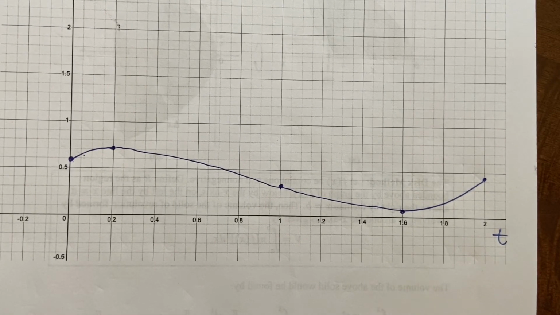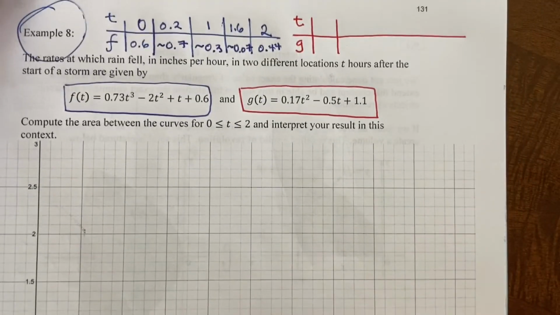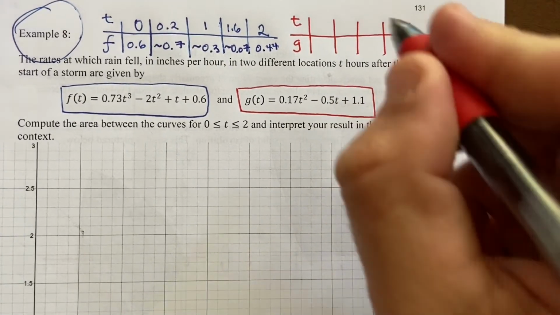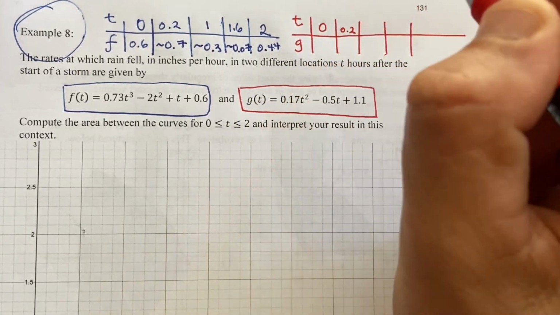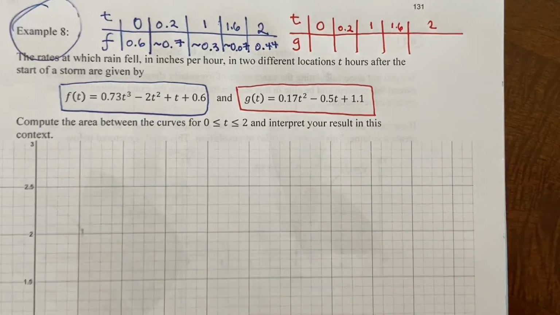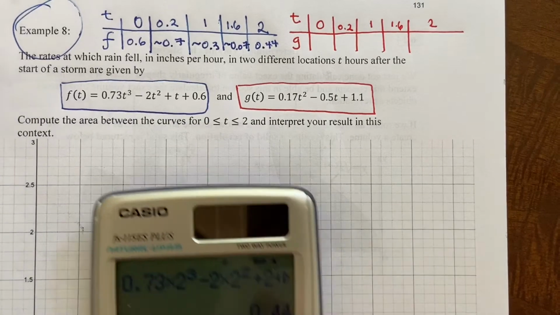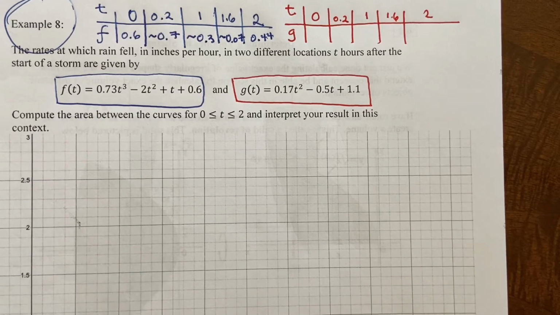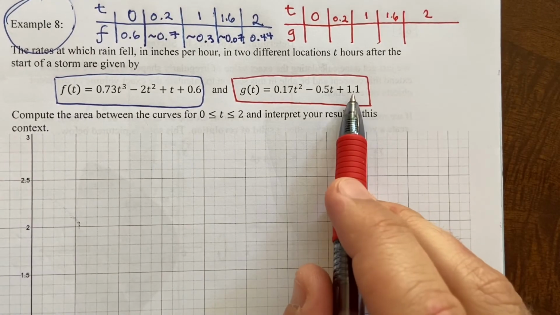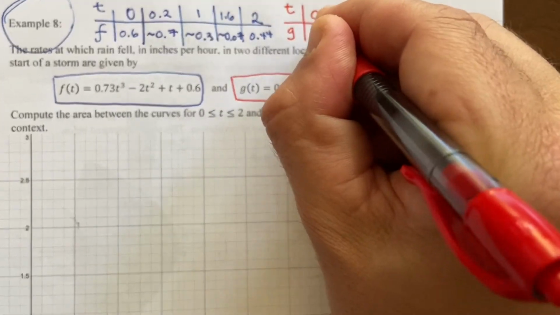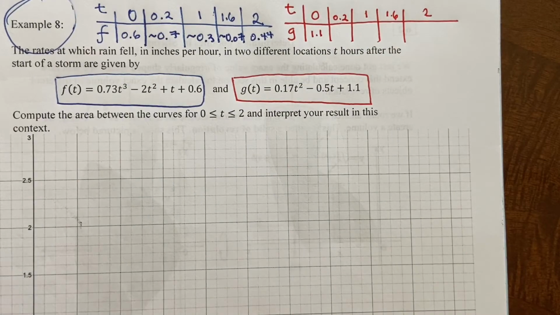Okay, for the other one, I'll go ahead and pick the same t's. So maybe 0, 0.2 again, 1, 1.6, and 2. We'll just do those. All right, so it looks like for 0, we're gonna go at 1.1 here, right? So plug in a 0, we get 1.1 in G. So I'll go ahead and plot that.